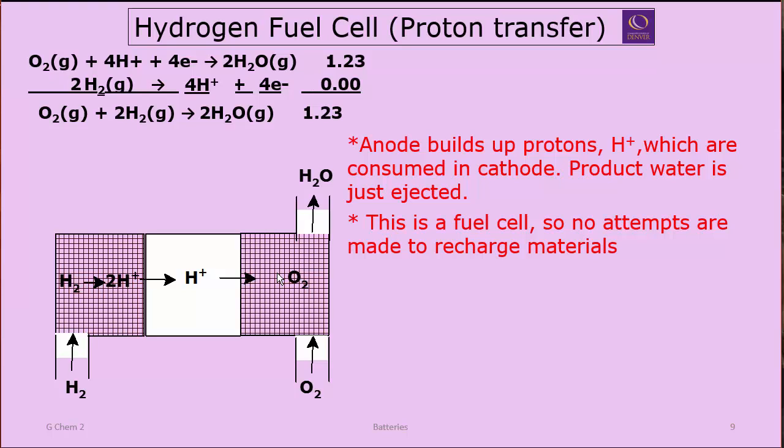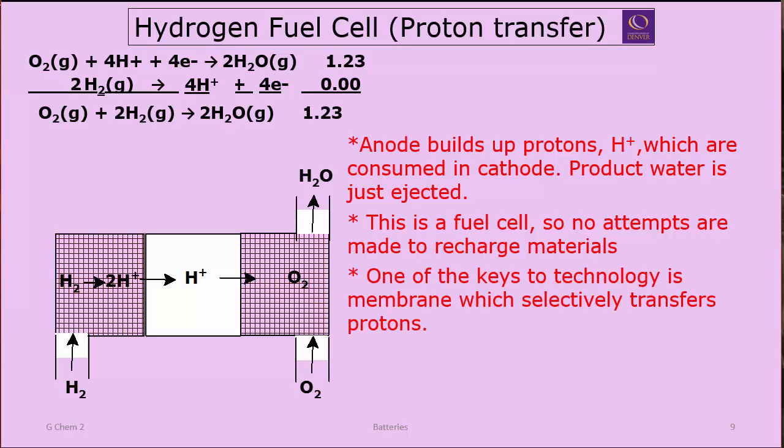But this can actually just be ejected, and you just keep feeding this fuel. As long as you have hydrogen being fed to the anode and oxygen being fed to the cathode and water being ejected from the cell, then this basically keeps flowing in one direction, creating 1.23 volts.